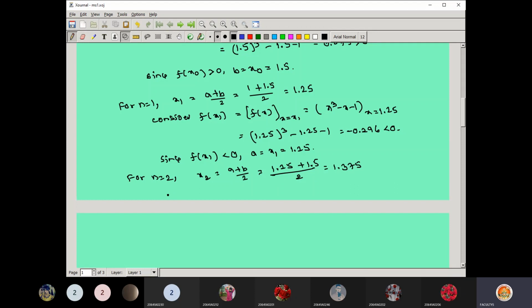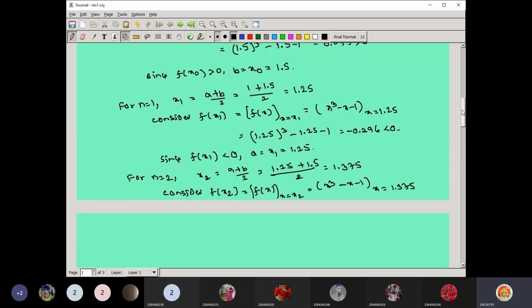1.375. Now you consider f of x2. That means f of x, there you are substituting x equal to x2. So your f of x means x cube minus x minus 1. Here x equal to x2 means 1.375 you are substituting.